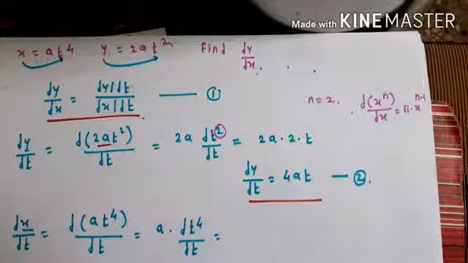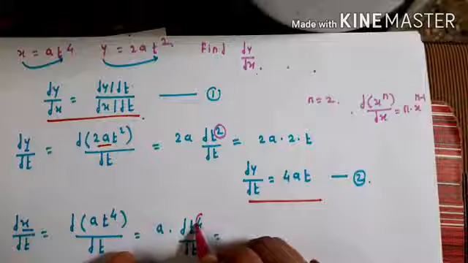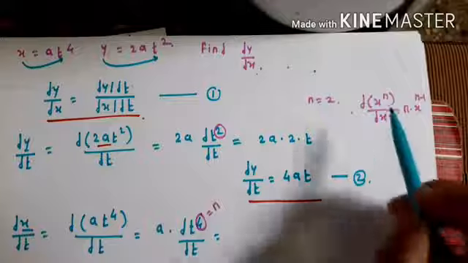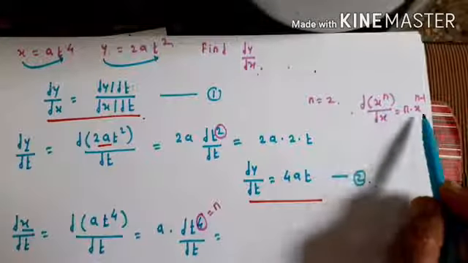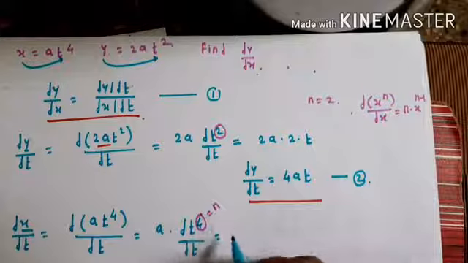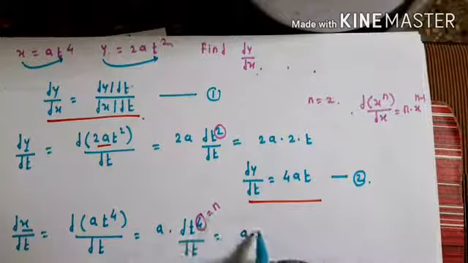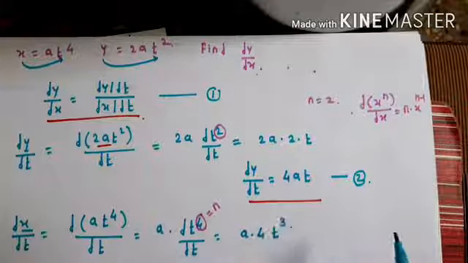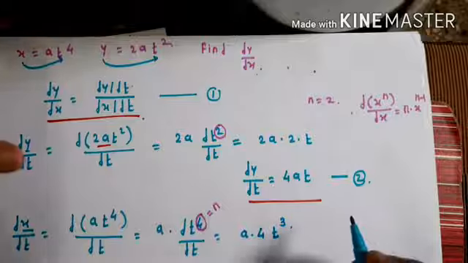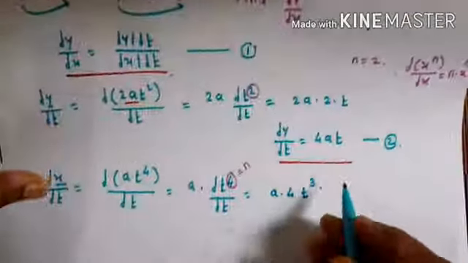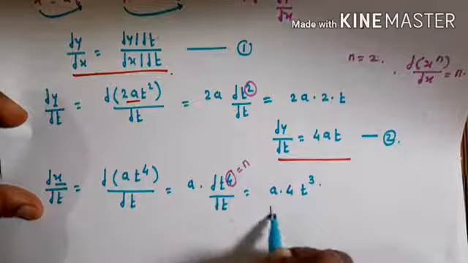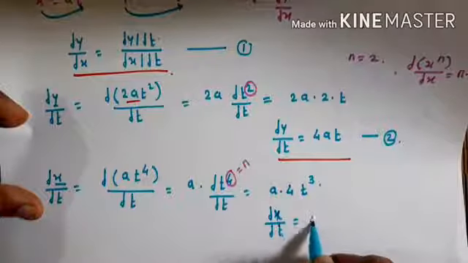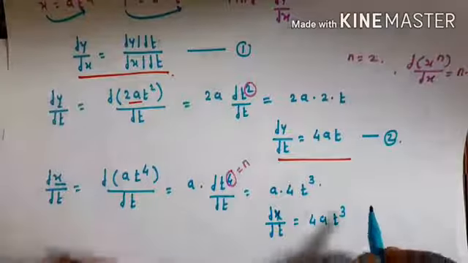By using the power formula, the value of n equals 4, and the differentiation of x raised to n is n into x raised to n minus 1. n is 4, 4 minus 1 is 3, and therefore dx by dt equals 4at raised to 3.